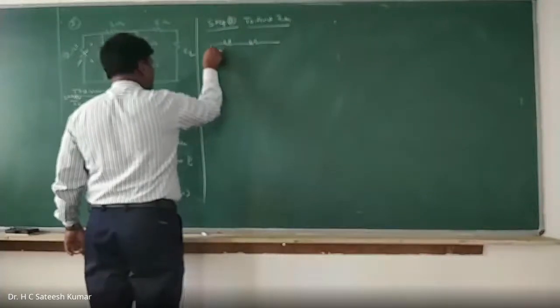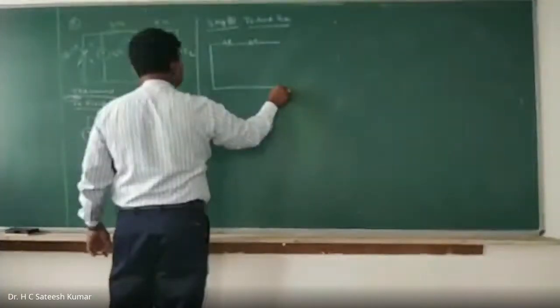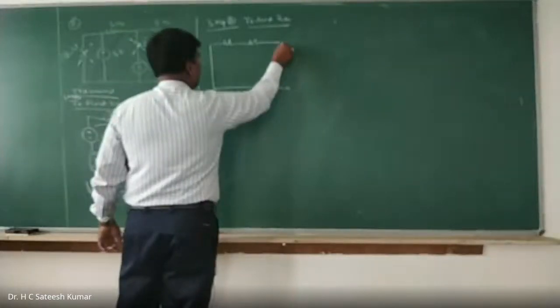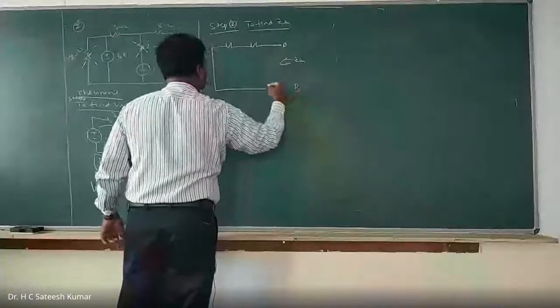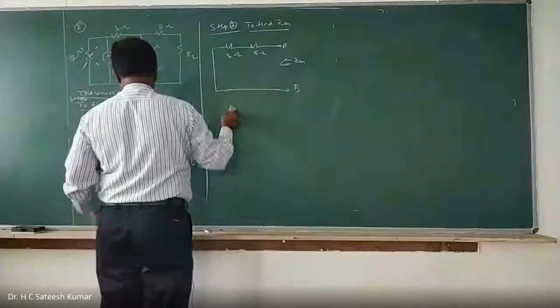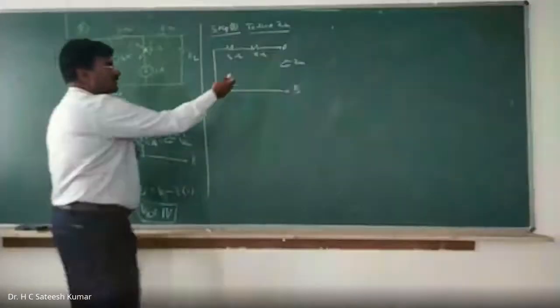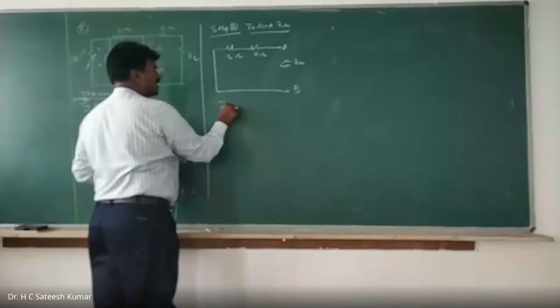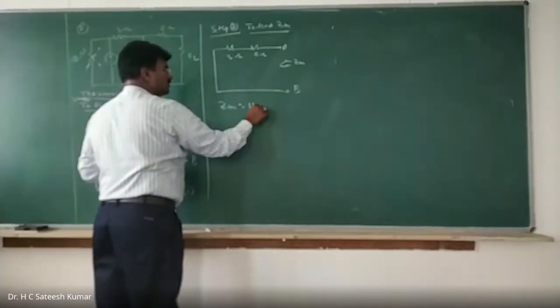The voltage source is short circuited and the current source is open circuited. This is your ZTH, A, B. And this is 8 ohms. This is 3 ohms. This is open circuited. This is short circuited. So these two are in series. So ZTH directly we will get as 8 plus 3. It is 11 ohms, ZTH.